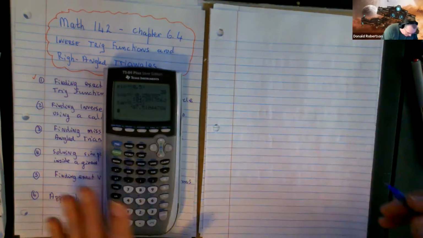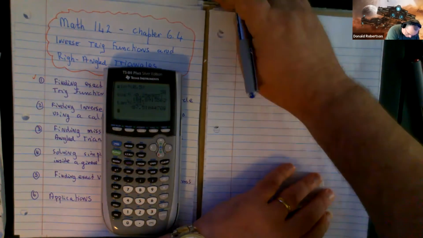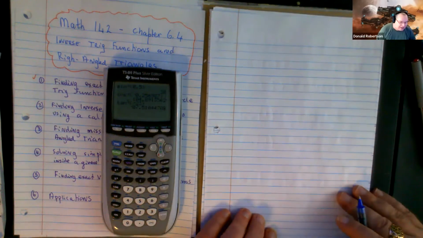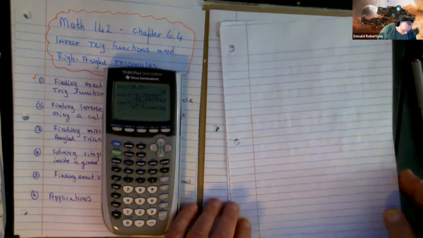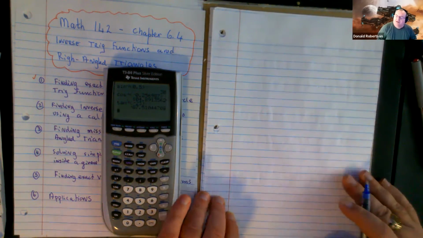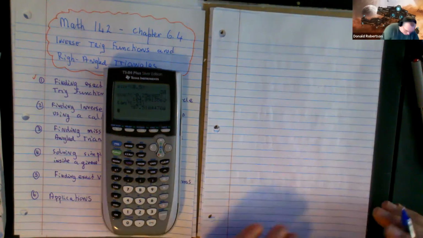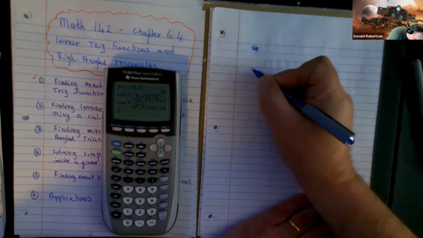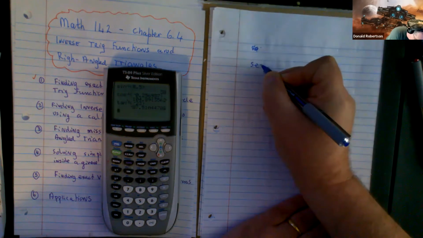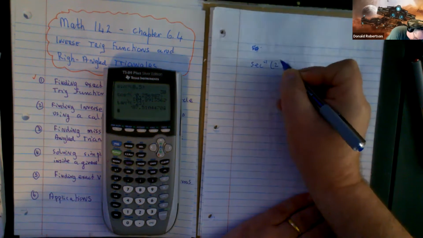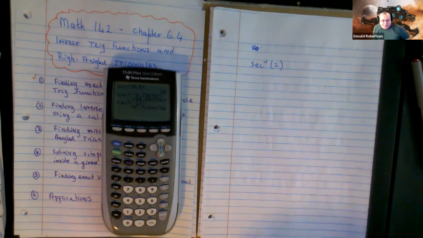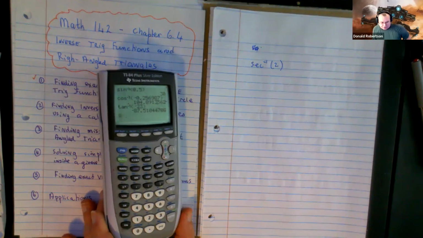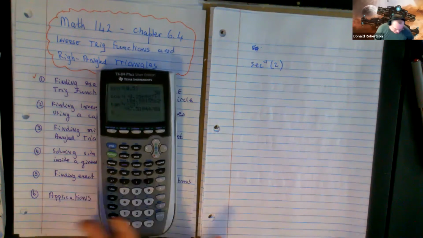Right. Now, there are three inverse trig functions that you hardly ever use, but for completeness' sake, I'm going to show you how you would do them. Suppose someone said, I'd like the inverse secant of 2. Now, actually, you could use your calculator, but I'm not even sure where it is. It'd be hidden under catalog, but I'm not going to do that.